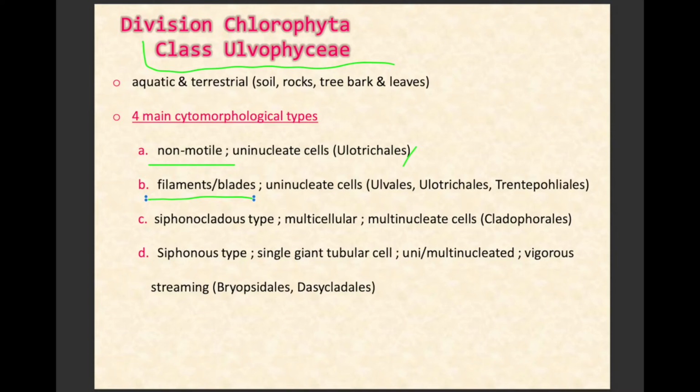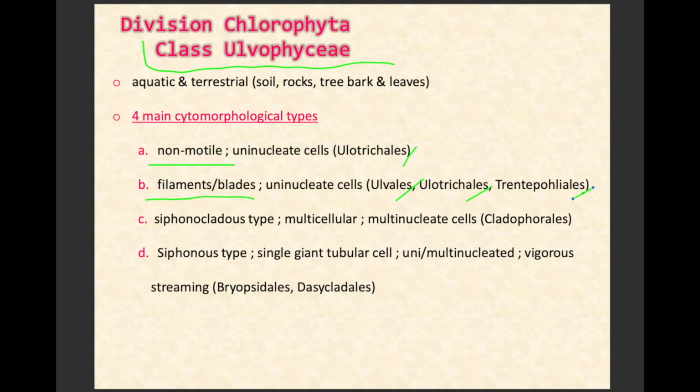This naman belongs to your Ulvales, certain members of Ulotrichales, and your Trentepohliales. Again, kung maalala nyo si Trentepohliales, these are the exclusively terrestrial, yung makikita natin dito sa UP Baguio at sa mga tree barks, no? Tingnan nyo yung mga orange na yan.